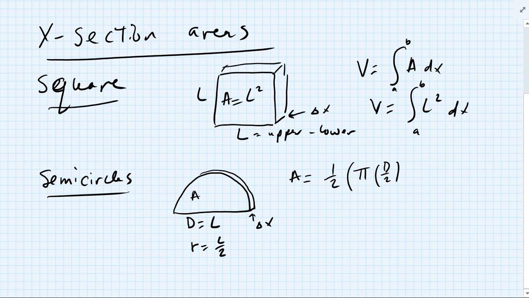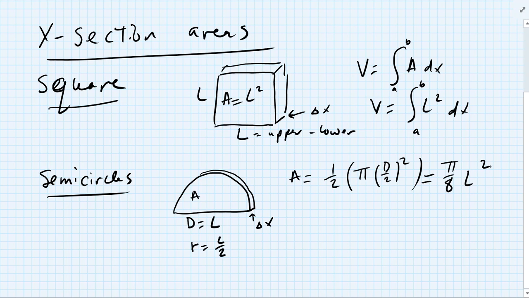All that squared. So if we simplify that and do it in terms of L, because L is D, well, we have 2 squared, which is 4, times 2 is 8. So is this pi over 8 L squared?